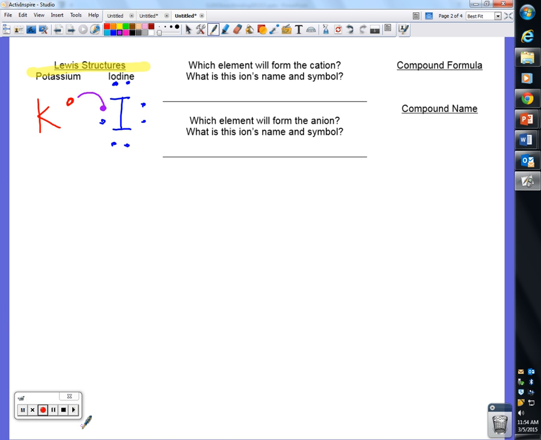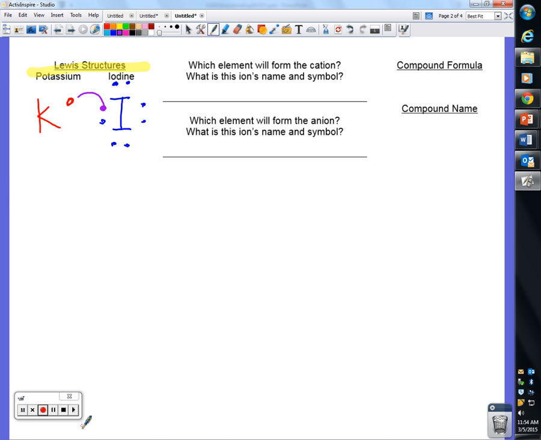All right, let's answer some of these questions here. Okay, I know you guys don't have these questions, but let's answer them, right? So, what element is forming the cation in this situation? Potassium, because cations end up with more what than what? First off, cations have what charge? Positive, and that means they end up with more what than what?